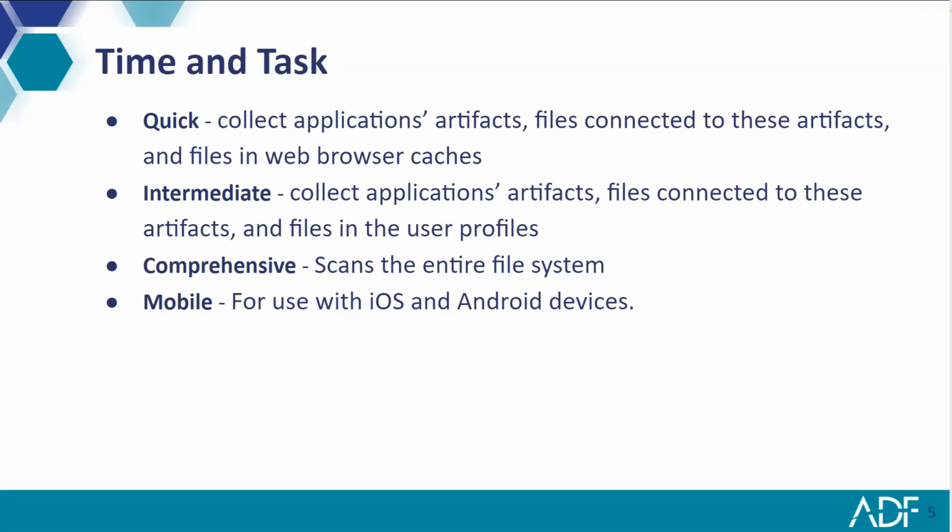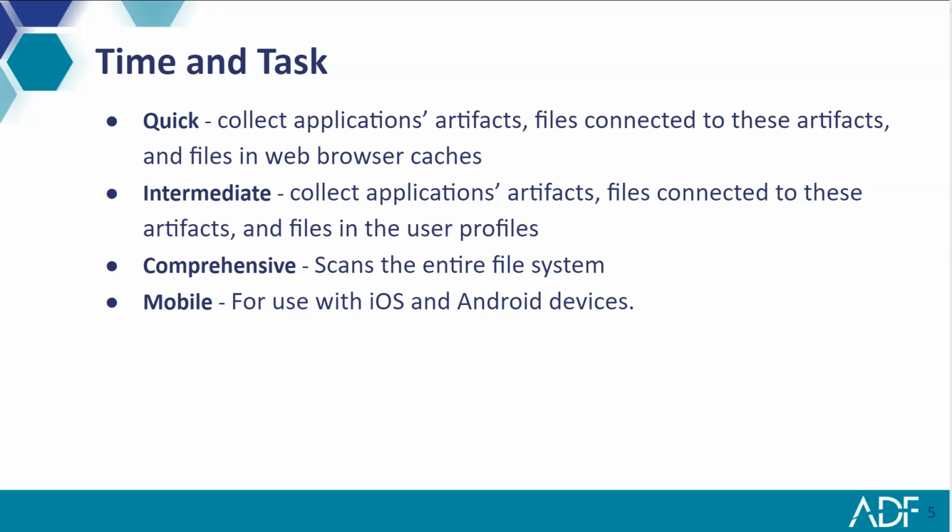The default search profiles are broken down into time and task categories: quick, intermediate, comprehensive, and mobile. Quick profiles collect applications artifacts, files connected to those artifacts, and files in web browser caches.